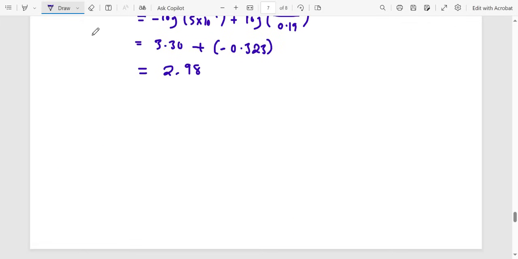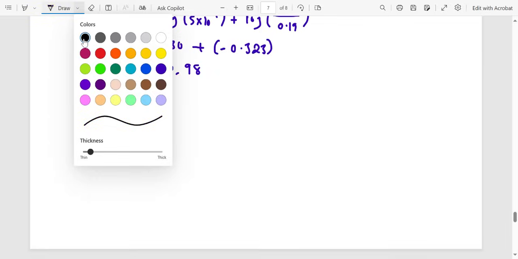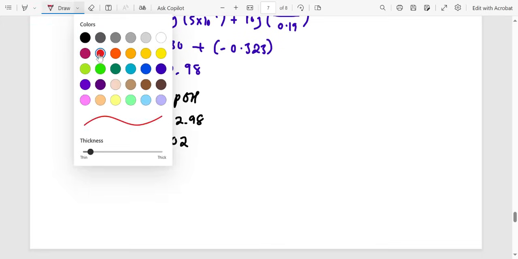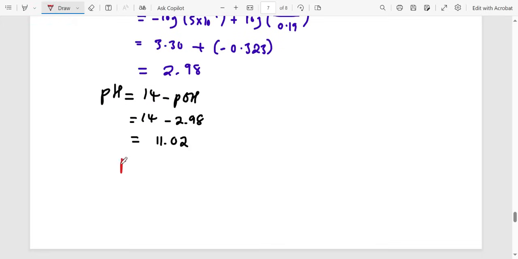We know the pOH, we can calculate the pH. So pH is 14 minus pOH, which is 14 minus 2.98, and that gives us 11.02. Since we know the pH, we can calculate the concentration of hydrogen. We know that pH is negative log of H.